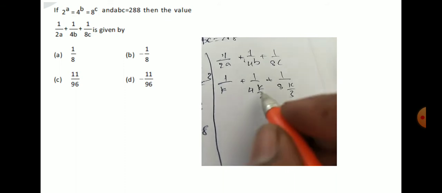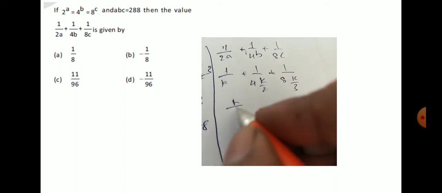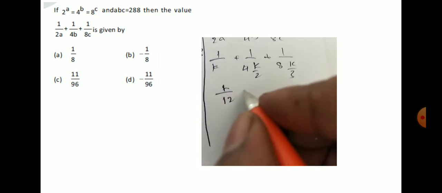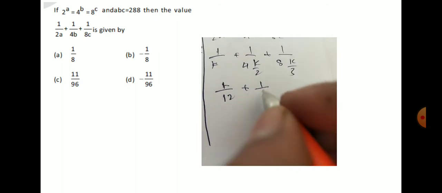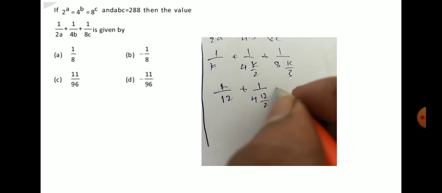The value of k we got is 12. So it is 1 by 2 into 12, plus 1 by 4 into 12 by 2, plus 1 over 8 into 12 by 3.